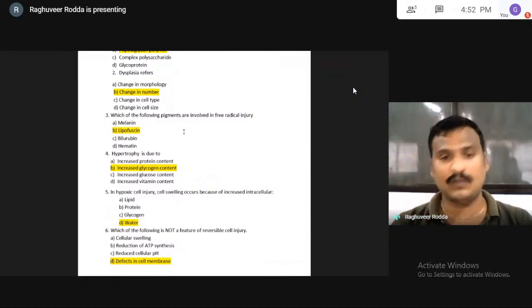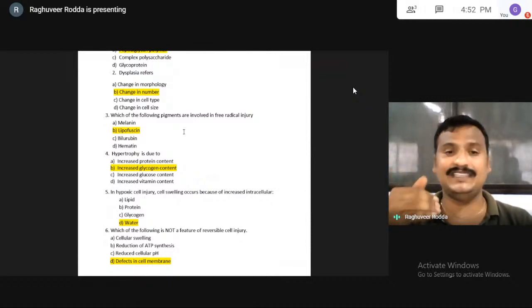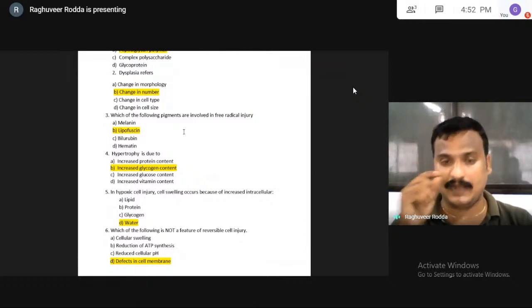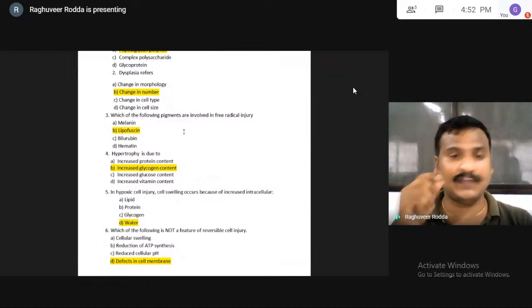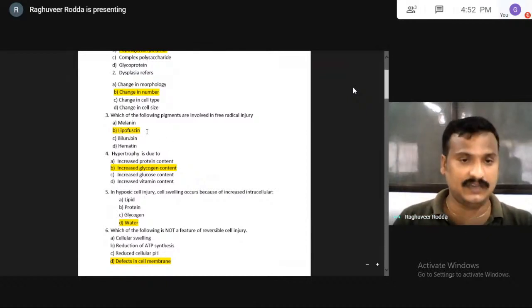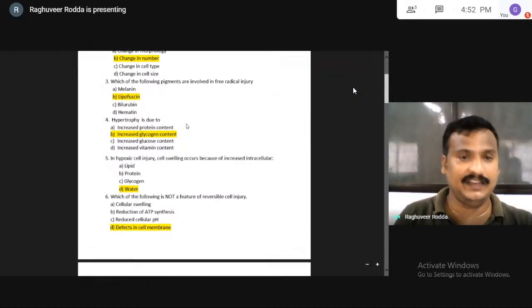Biliverdin will be converted into bilirubin by various enzymatic actions, and hematin is a breakdown product of RBC. When the iron of the hemoglobin undergoes oxidation, it produces a blackish brown colored compound called hematin. Then the right answer is lipofuscin. Lipofuscin is a pigment which is able to cause free radical injury.